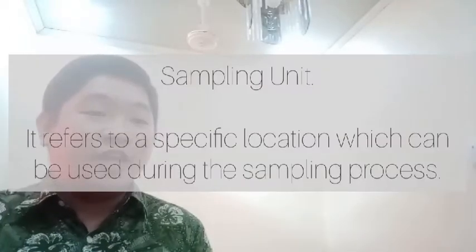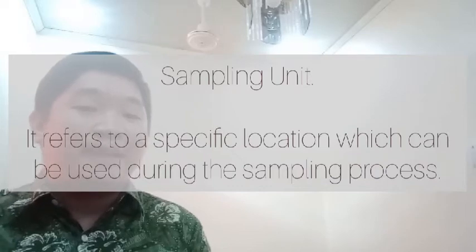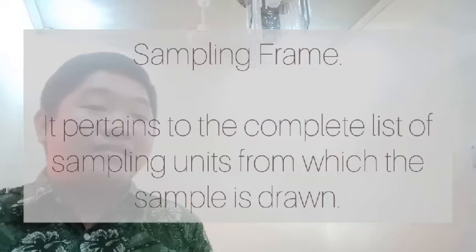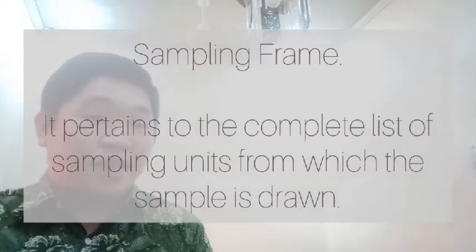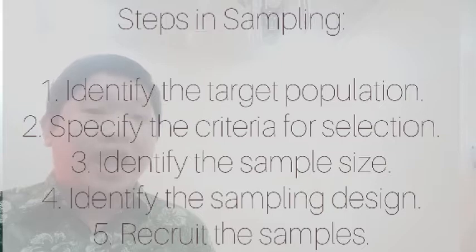A sampling unit is the specific location which can be used during sampling process, while a sampling frame is the complete list of sampling units from which the sample is drawn. For the steps in sampling, first, identify the target population.